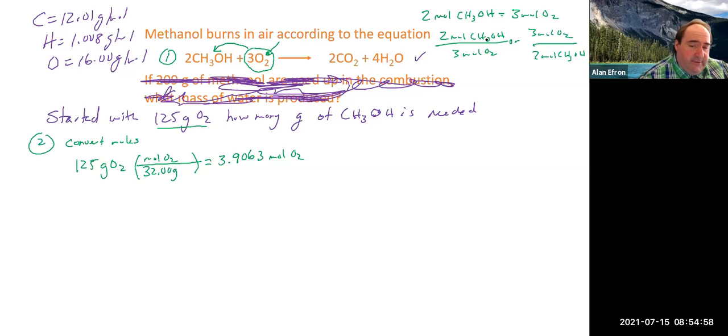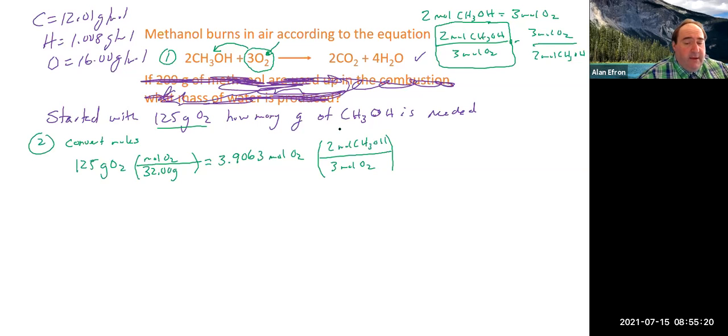In this particular case, we have O2 and want to get rid of it, so we will use the conversion factor with 3 moles of O2 on the bottom and 2 moles of methanol up on top.